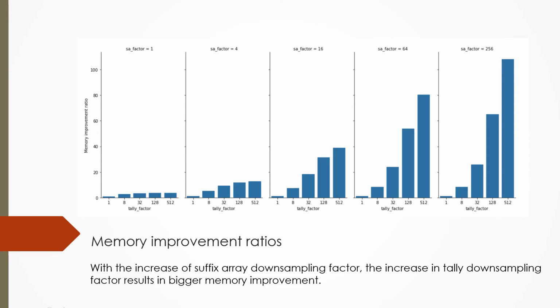In order to eliminate those dependencies, results are scaled. We then calculate average results for each combination of factors. To get a better understanding of results, memory consumption is converted to memory improvement ratio, showing us how much the combination of factors improves the original algorithm's memory consumption.